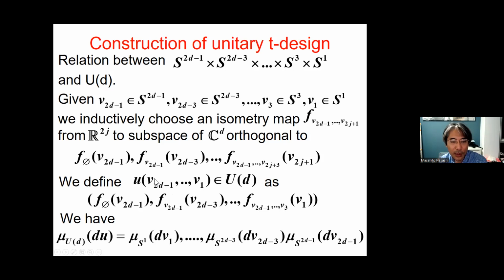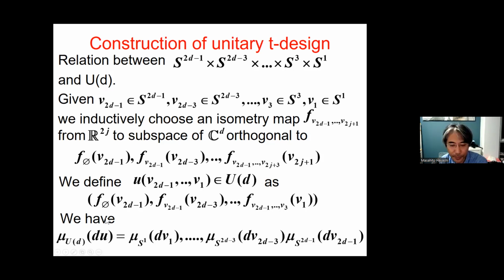So the first one is an element of the 2D minus 1 sphere, and the second one is in the 2D minus 3 sphere. And based on this sequence of vectors, we define the unitary in this way. Because this one and this one are orthogonal, and the second one and the third one are also orthogonal, this one forms the unitary matrix.